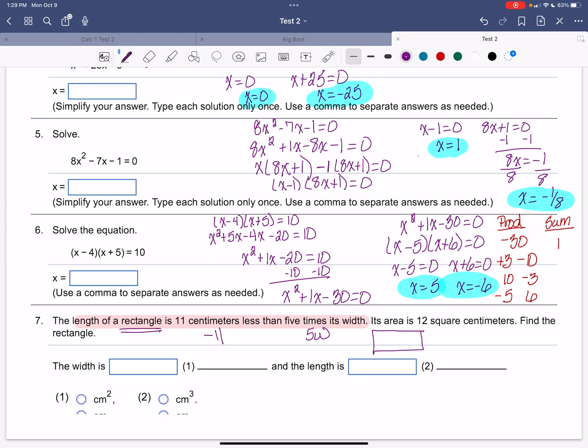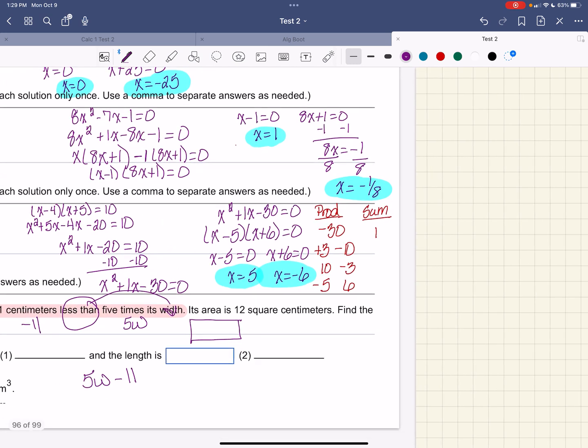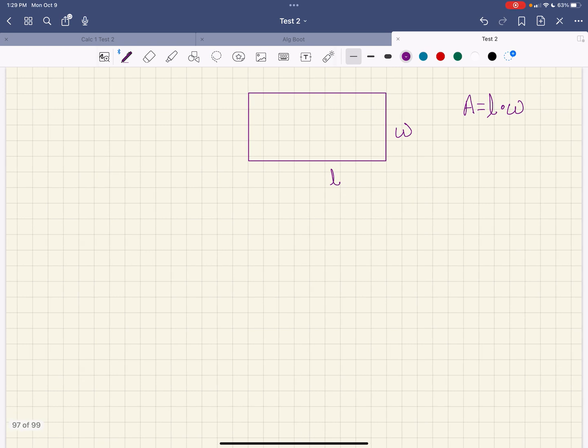So the length of my rectangle is going to be 5W minus 11. Anytime you see this "less than," you know that you're going to put it after. So I know that my length is 5W minus 11.